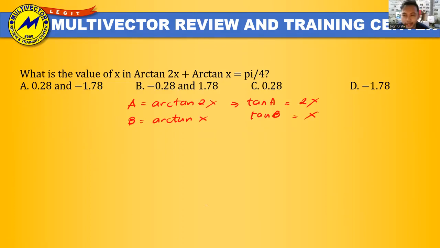So sa formula ng identity ng tan A plus B, tangent ng A natin, where A is arctan 2x, and arctangent x, which is x, A plus B is equals to pi all over 4.